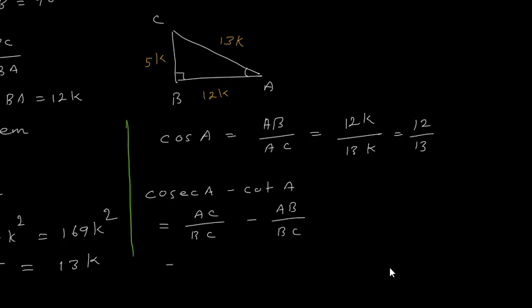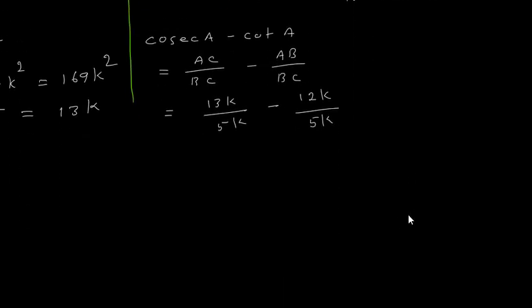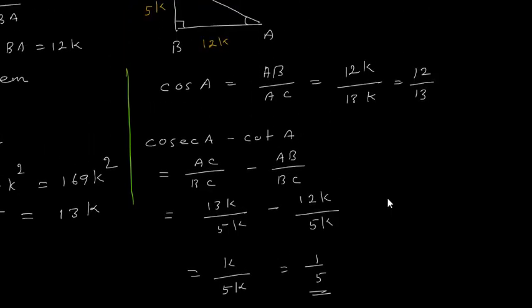This is equal to the value of AC, which is 13K, upon the value of BC, which is 5K, minus the value of AB, which is 12K, divided by the value of BC, which is 5K. So 13K minus 12K is K upon 5K. So K and K will cancel, and finally I have 1 upon 5 as the answer for cosec A minus cot A. Right, simple.